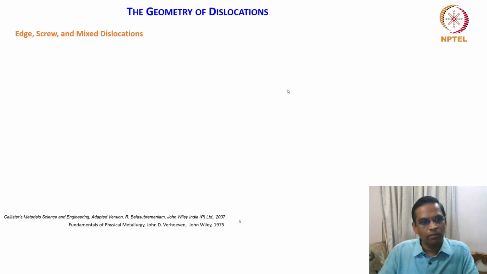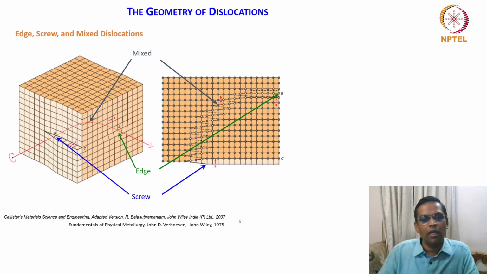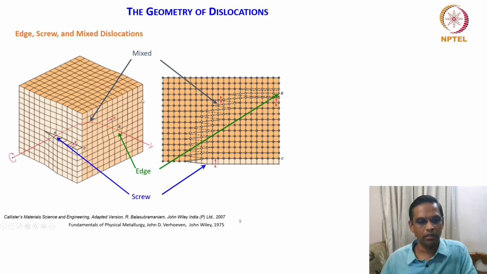And what is next? Edge, screw, and mixed dislocation. We are not just going to stay with edge or screw geometry alone. We are also going to have mixed dislocations.